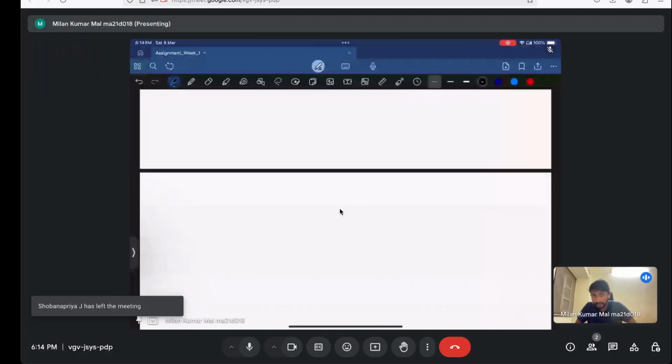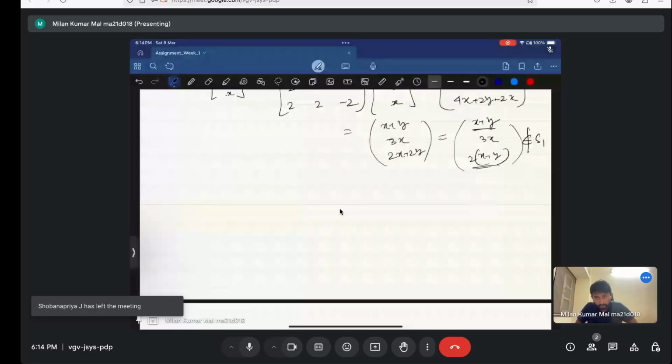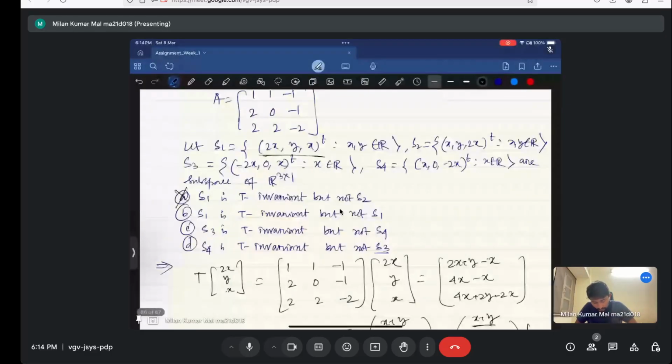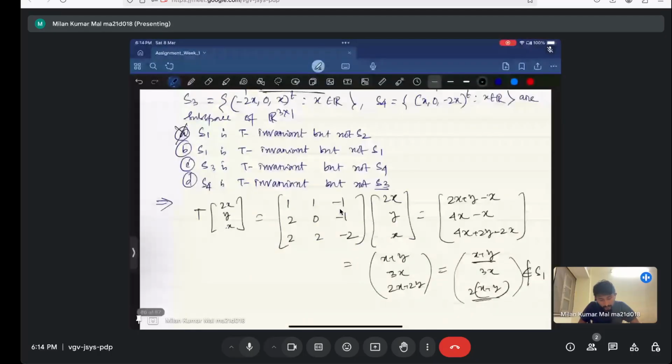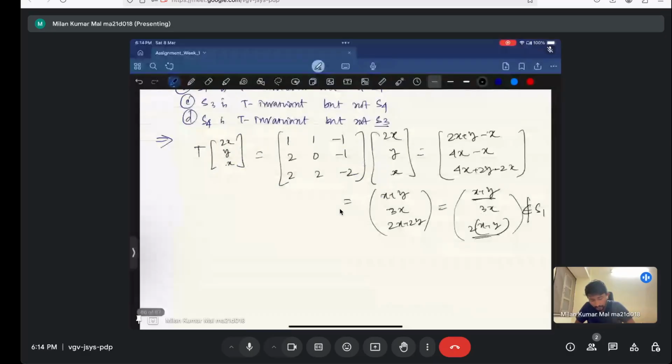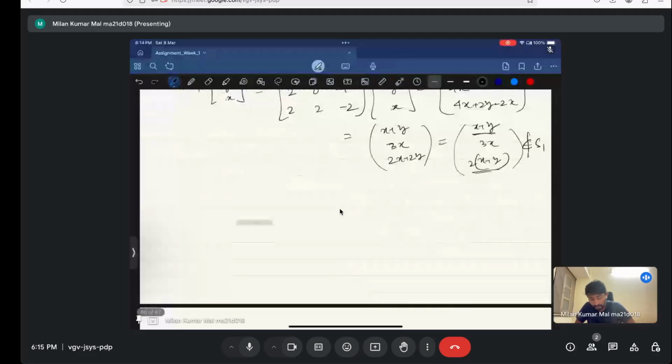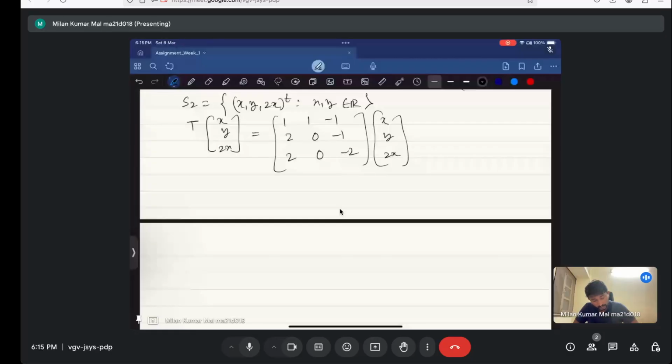Recall that S2 equals (x, y, 2x) transpose such that x and y belong to R. So let's take T of the vector (x, y, 2x). Then we get the matrix 1 1 minus 1, 2 0 minus 1, 2 0 minus 2 with the vector (x, y, 2x), which equals (x plus y minus 2x, 2x minus 2x, 2x minus 4x).